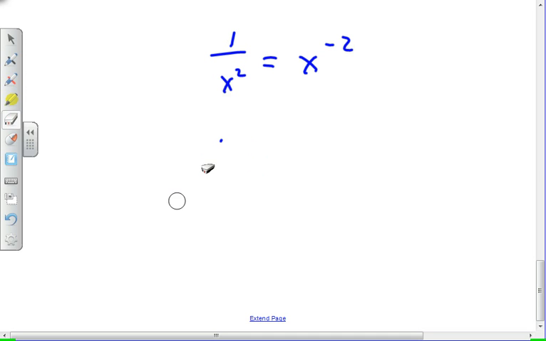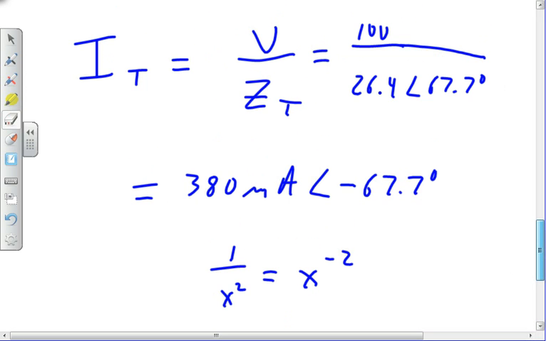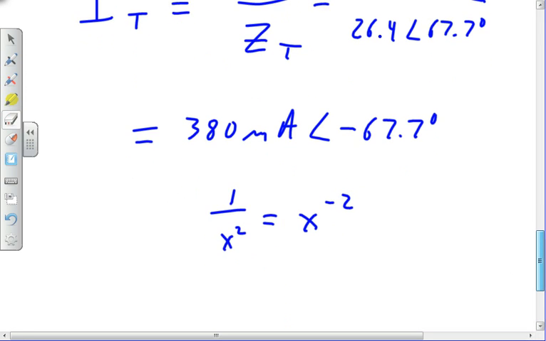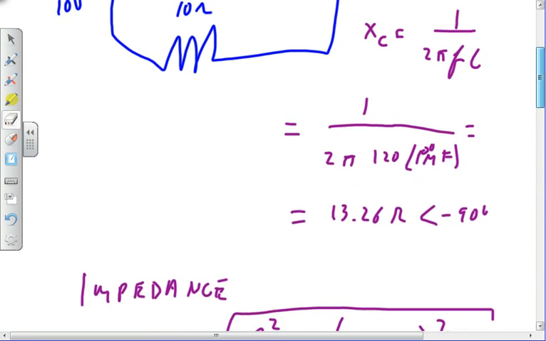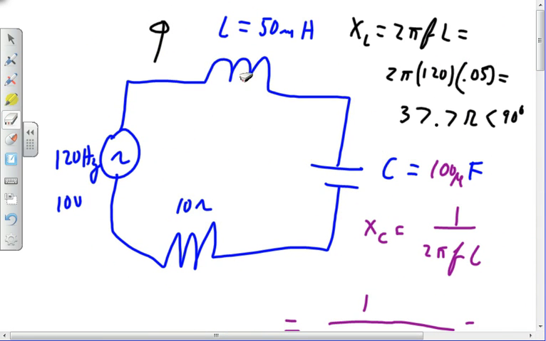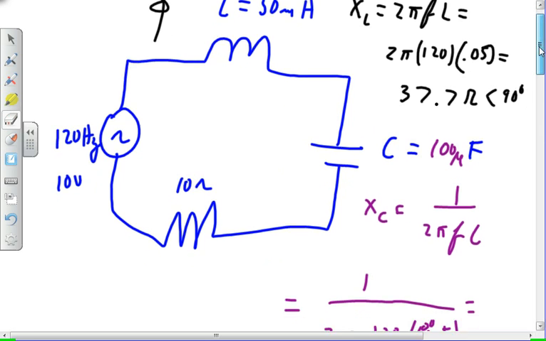All right. So now I know the total current. With the total current, I can now find the voltage across the inductor, the voltage across the capacitor, and the voltage across the resistor. So that's what I'm going to do next.